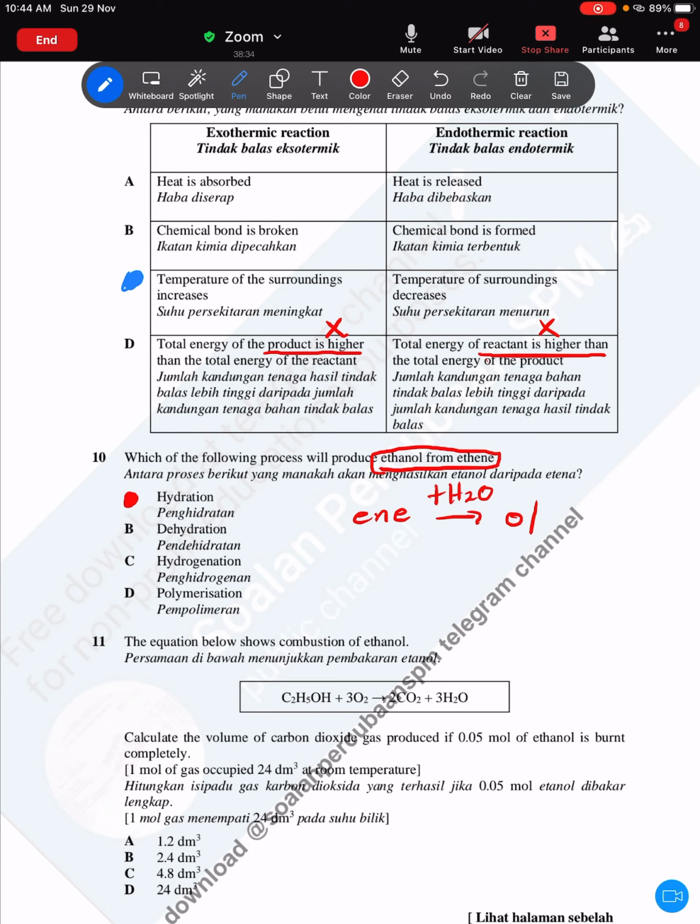Potassium manganate is oxidation, dear. That is to produce diol. I'm asking about alcohol. Don't use potassium manganate. Do you still remember phosphoric acid? What is the temperature?